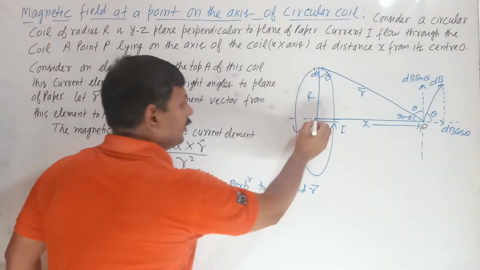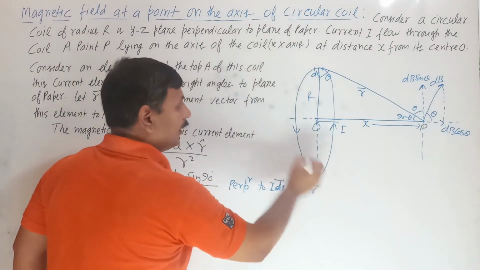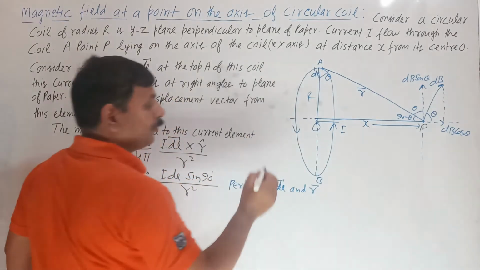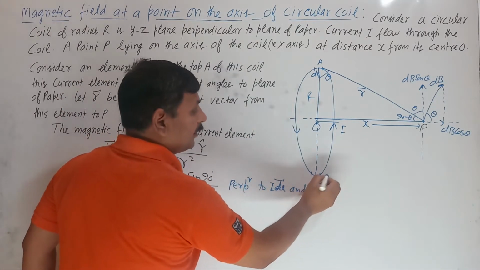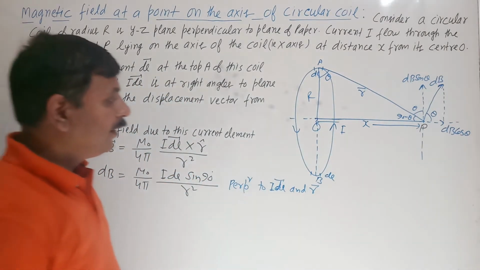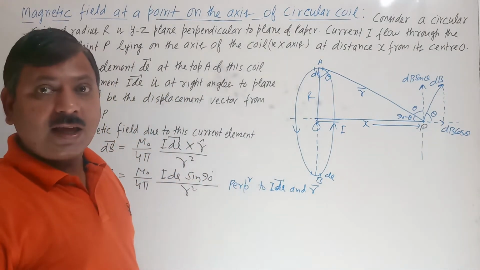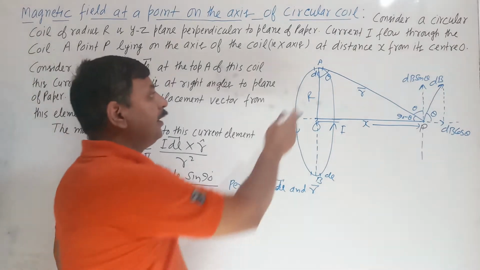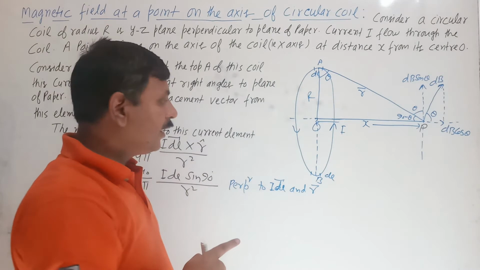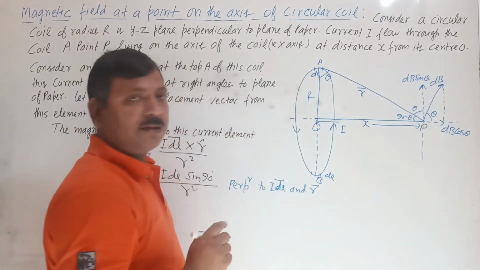Consider another element. Suppose this point I have taken as A. I have taken another element of the same length dl, diametrically opposite to the first point at the top, so this will be at the bottom.